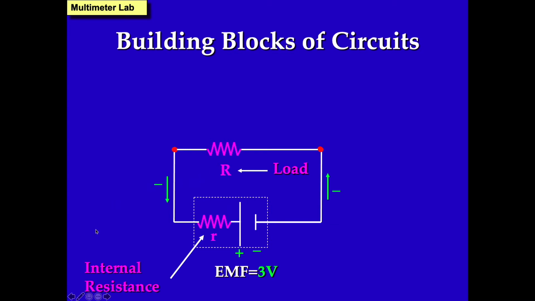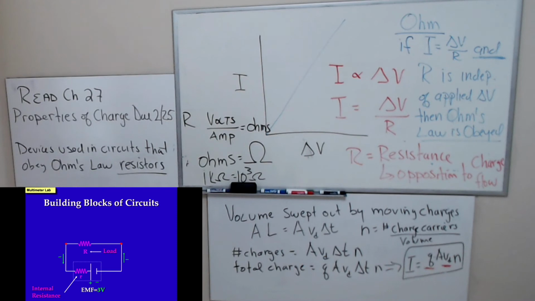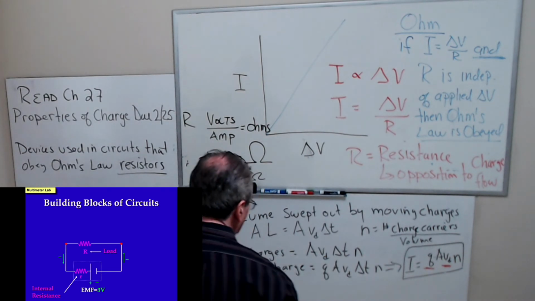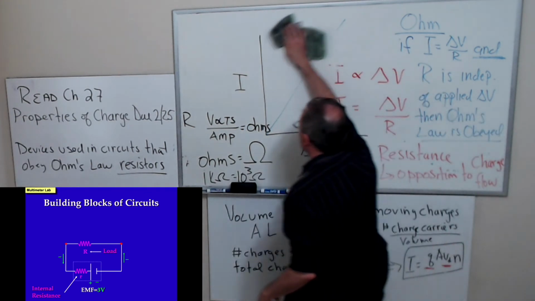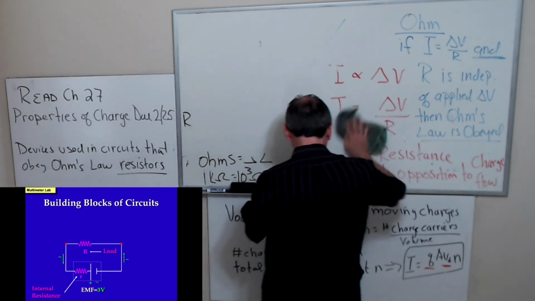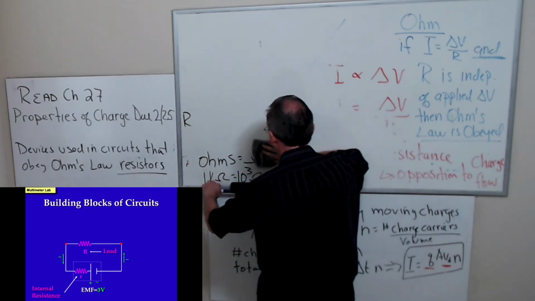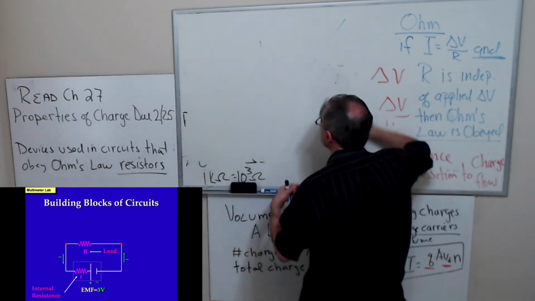So let me say a few things, because I haven't said anything about the symbols. So let me go back to the board. That's called a schematic diagram. When we draw a schematic diagram, that's basically a diagram that represents the circuit.